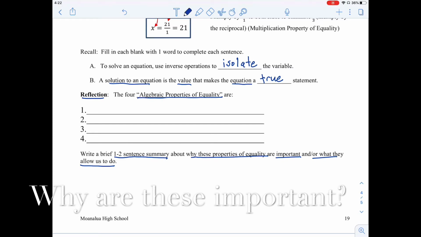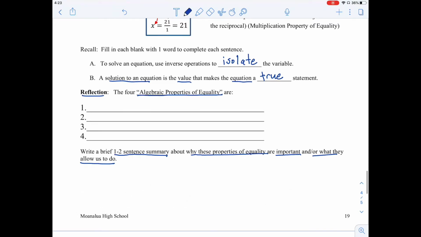You always hear both sides. That's the properties of equality coming into play. So that's the whole purpose. In order to isolate the variable, we must use the properties of equality so that we can simplify it, isolating the variable by doing operations to both sides. So you write that in here.